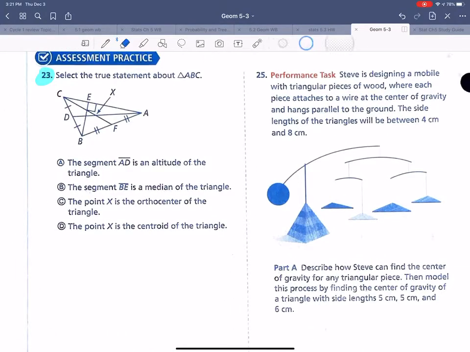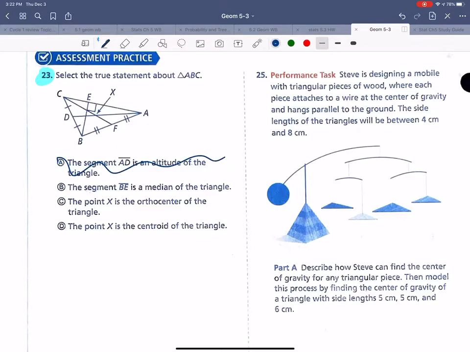So select the true statement about A, B, C. What can we say? Segment AD is an altitude. AD is not an altitude because an altitude is like dropping an egg. This would be the altitude. So that's not what we have. So I'm not going to pick that one. Segment BE is the median.